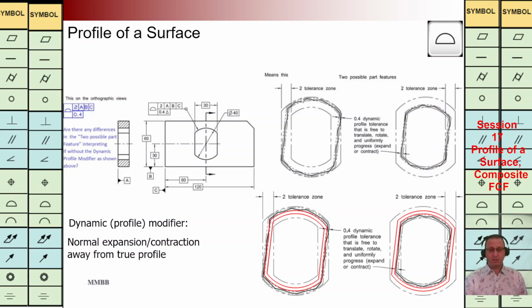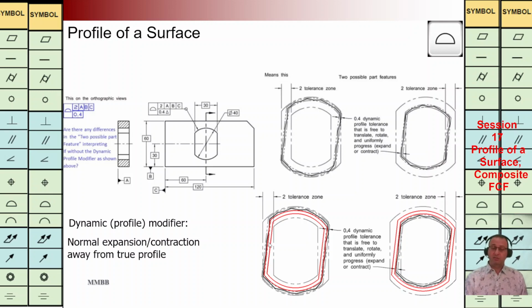But consider the case when we don't have this dynamic modifier, when we don't have the triangle here. What is going on? It means we are going to make this tolerance zone of 0.4 around the basic dimension, as shown with these red boundaries.